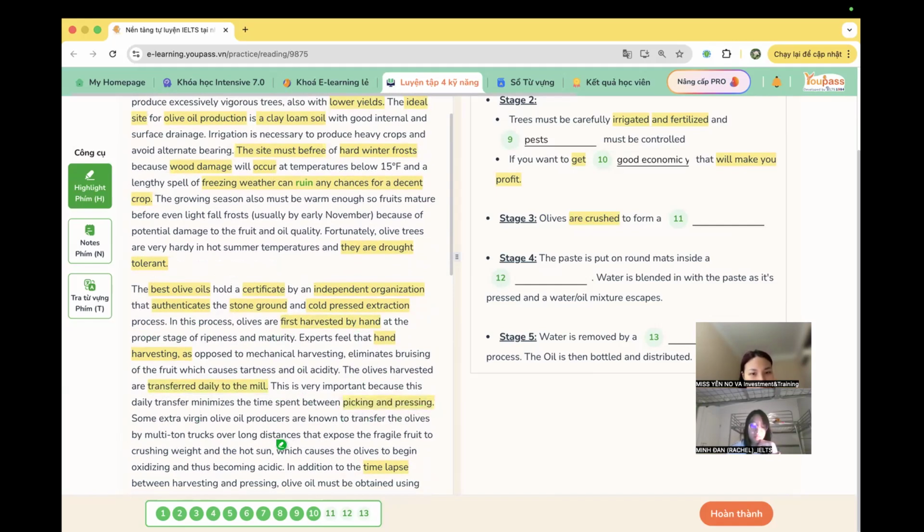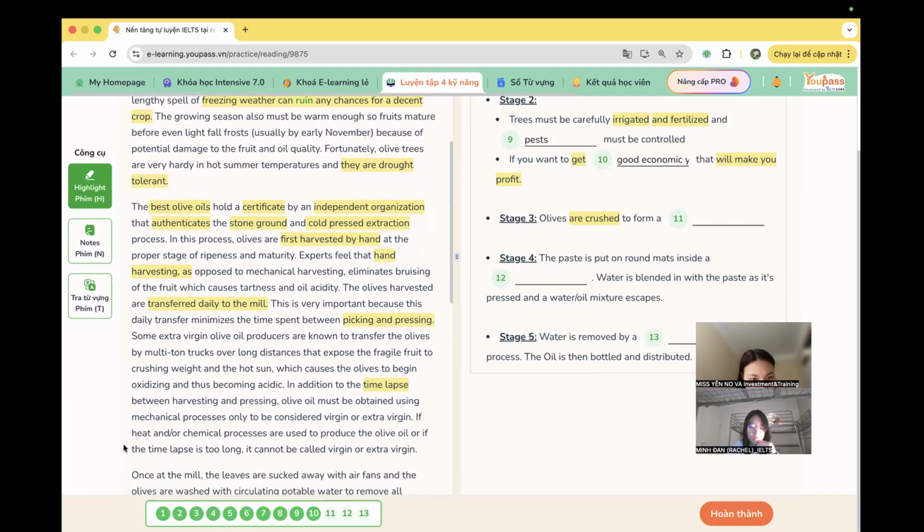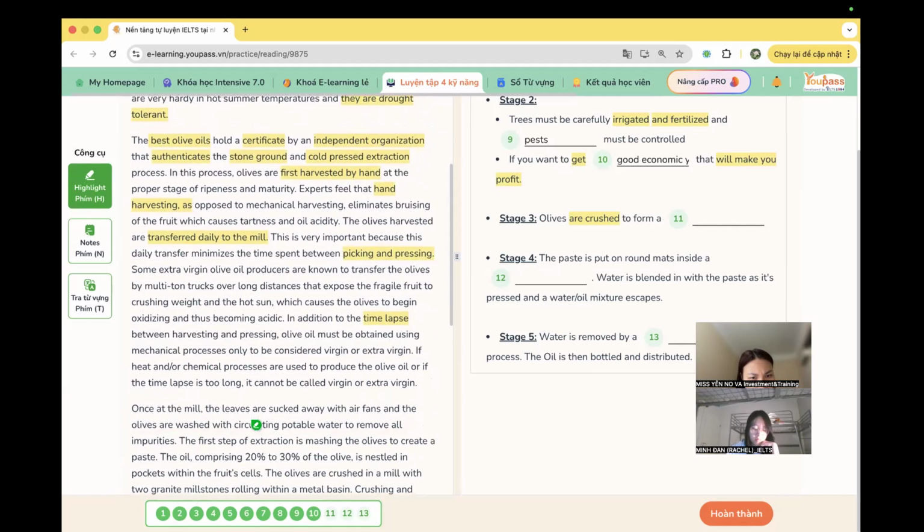Picking and pressing. It's not clear in the paragraph to see about a crossing.